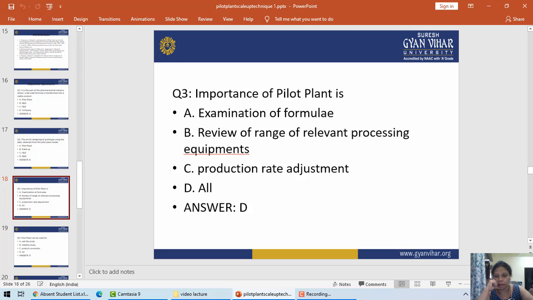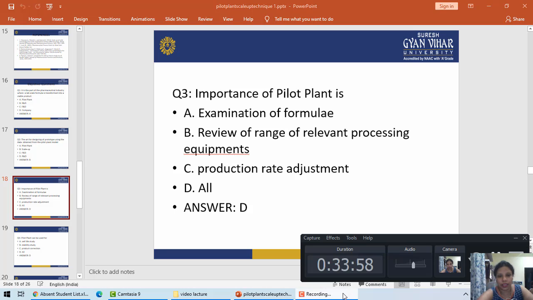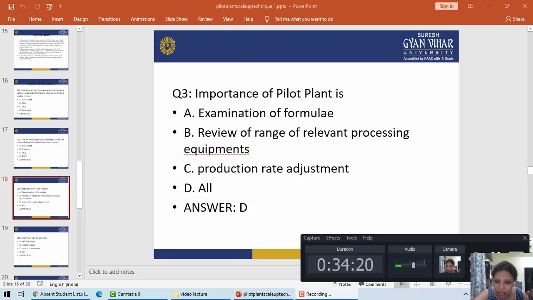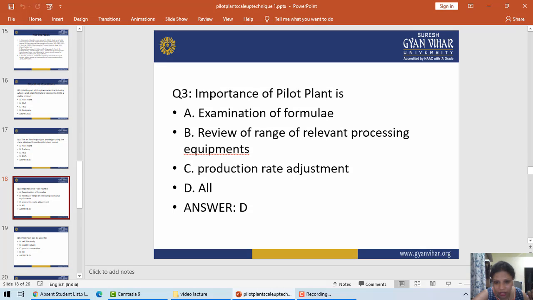We have discussed that it is used to examine the formula, and to review the range of relevant processing equipments. Production rate adjustment, yes, this we have also discussed. So the answer is all.